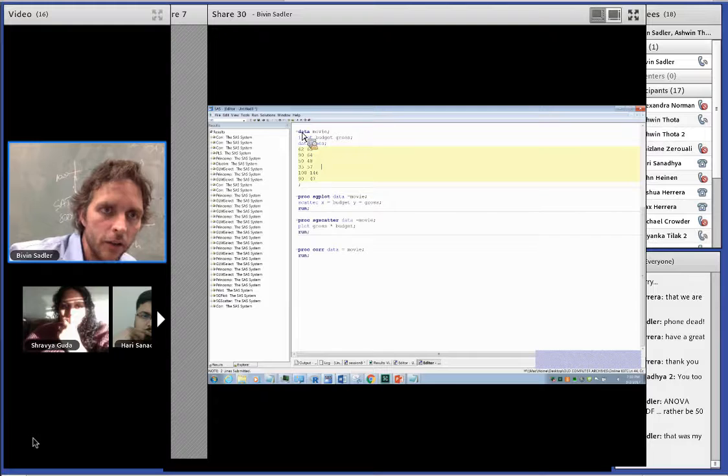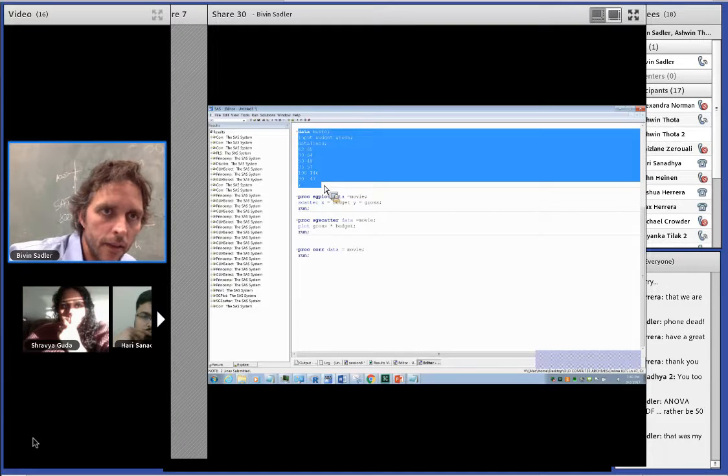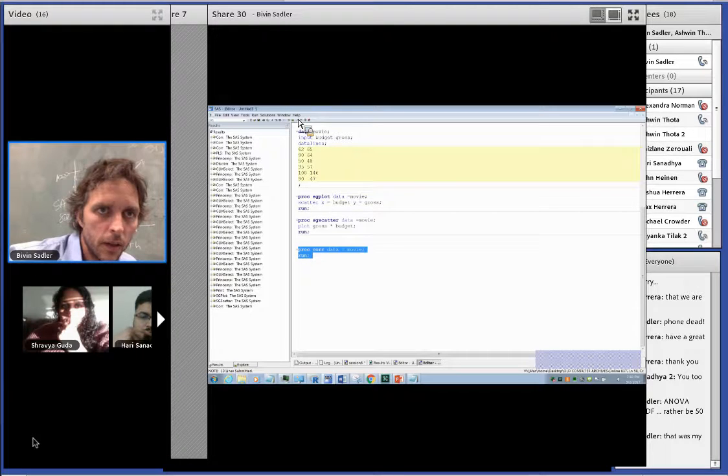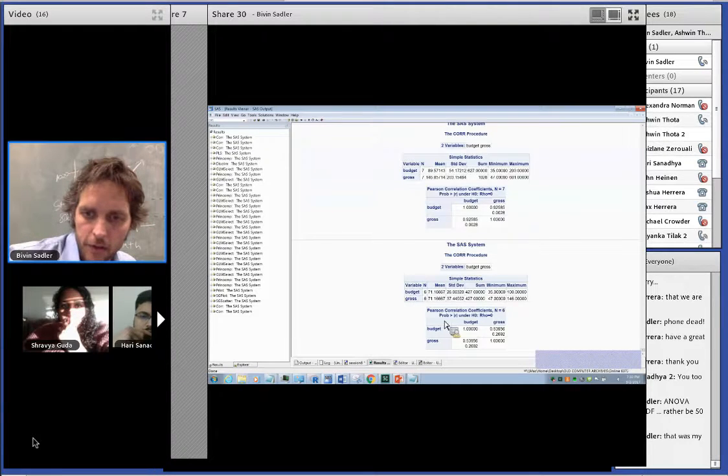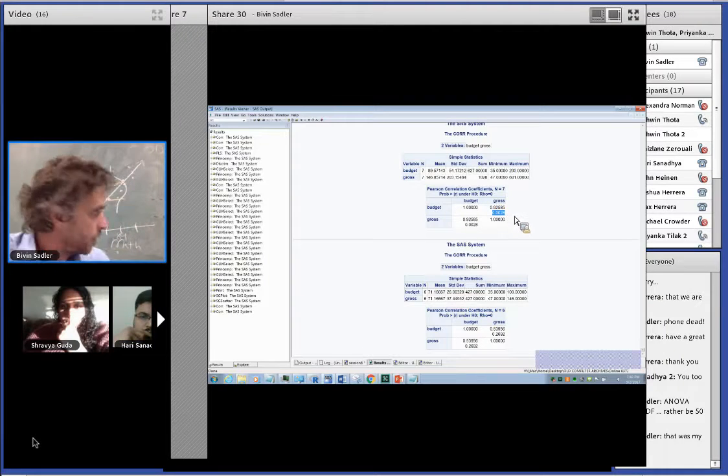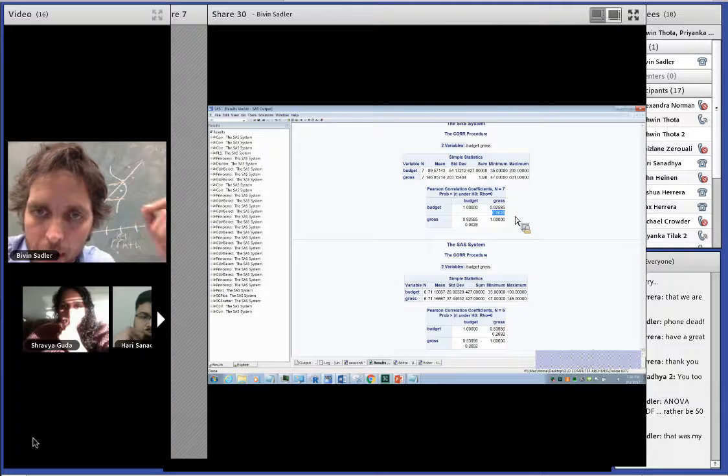And this number below is the p-value for that test of H naught: rho equals 0, HA: rho not equal to 0. Here, this one is huge, and it rejects. And this one is not huge, and it fails to reject. So that one point had a lot of what we call influence.